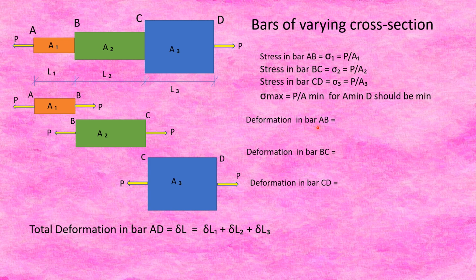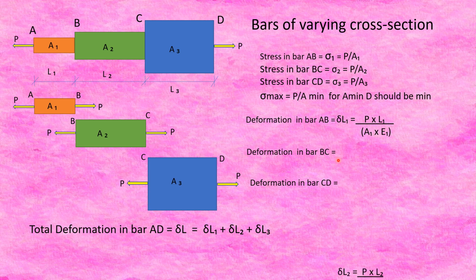Then how to calculate the deformation in the bar AB. Deformation in the bar AB will be delta L1 is equal to, now we use the formula PL upon AE. So for bar AB, P is common, length L1, area A1 and modulus of elasticity E1 corresponding to the bar AB.